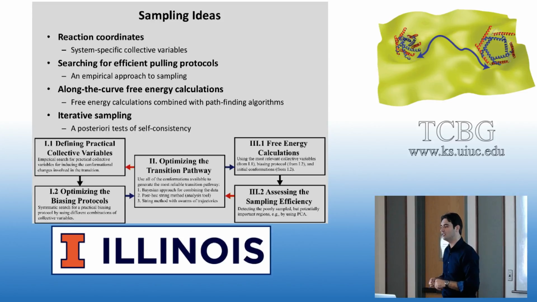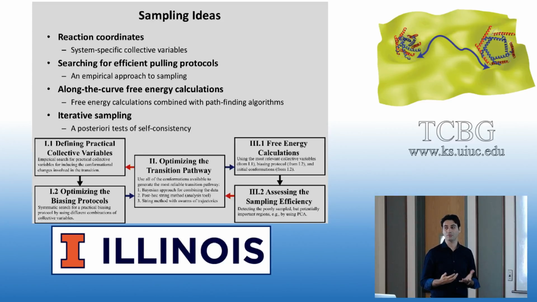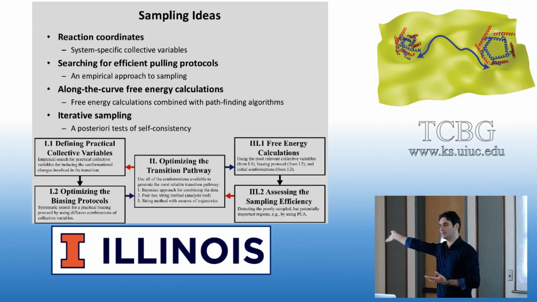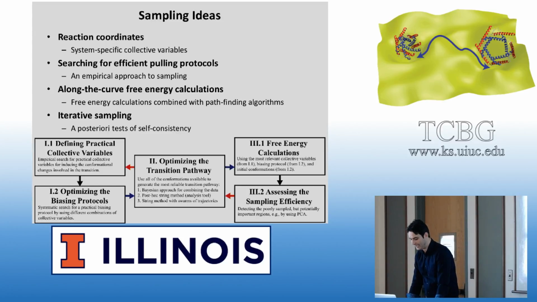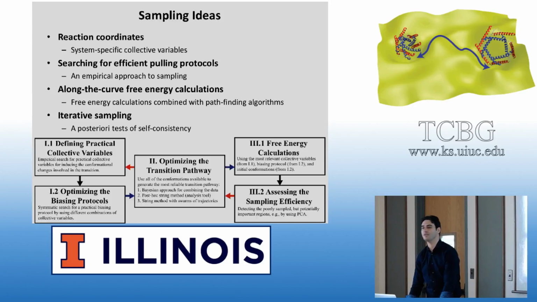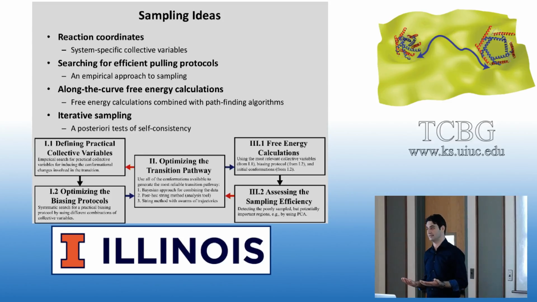So the non-equilibrium work is one of the measures that you can use to optimize your biasing protocol before going to things like string method and free energy calculations. And I will show you an example of how we can look at the non-equilibrium work and choose which collective variable or which combination of collective variables and what force constants we want to use.